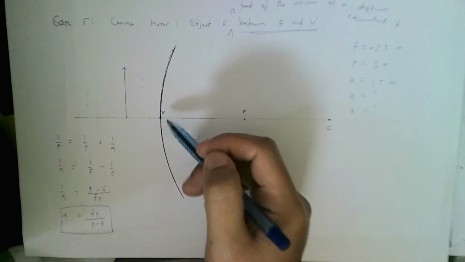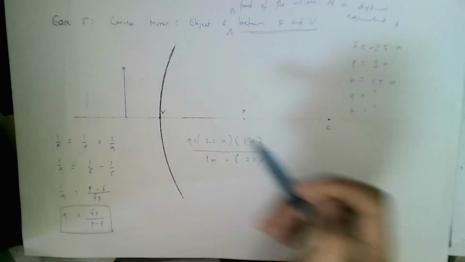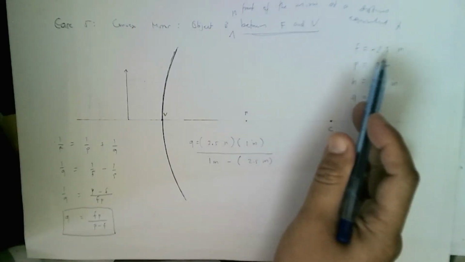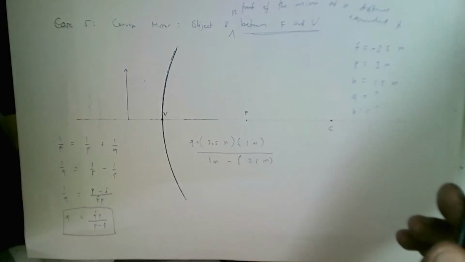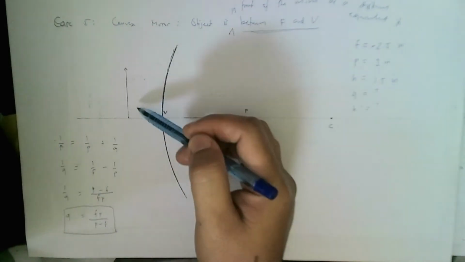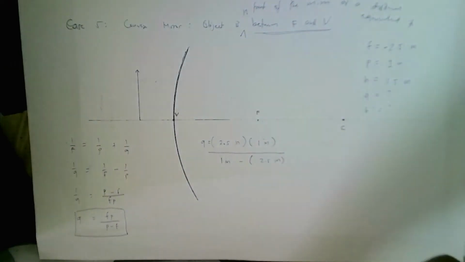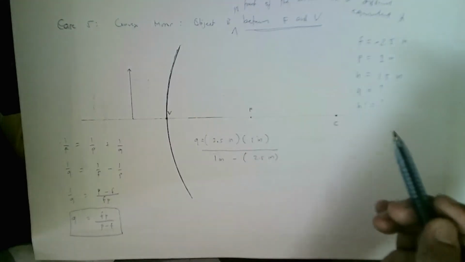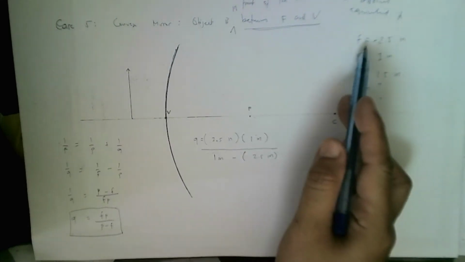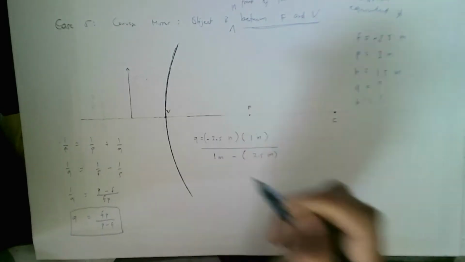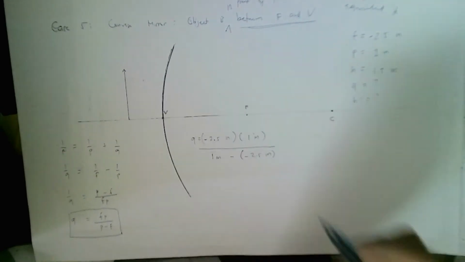This object is okay because that's the normal side. That's 1 inch. So this is negative 2.5. And for the height, if it's upright, that's positive. If it's inverted, then that's negative. But in this case, we don't have to worry about that. We only have to worry about the focus. So the focus here is negative too. Negative 2.5 and also negative 2.5 here.